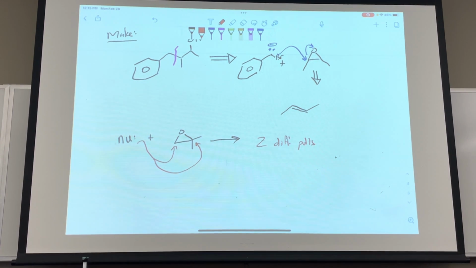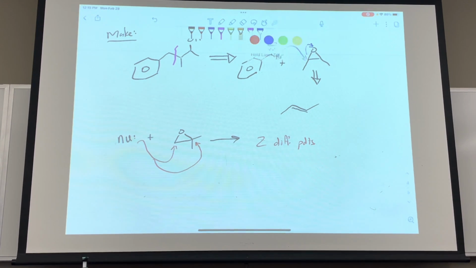Can you see that? Does that make sense? So that would be a pretty poor reaction. Anytime you're doing a reaction and you're getting multiple products in almost equal yields, it's not going to be a great reaction. If this were to proceed to give you 50% of the nucleophile attacking there and 50% of the nucleophile attacking there, that would not be a great reaction because you'd essentially be throwing away half of your product, which is never a good thing.